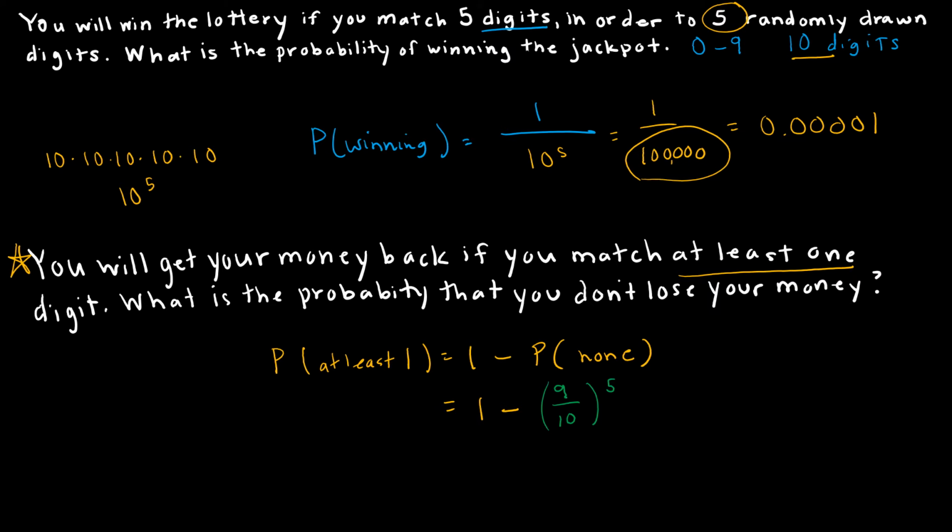So really, it's just 9/10 to the 5th power, or 0.9 to the 5th, and that ends up giving me 1 minus 0.59049, which turns into 0.40951. So there's about a 41% chance that I don't lose my money, which means I totally made up this question because no lottery would do that.